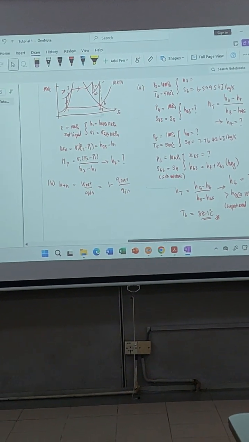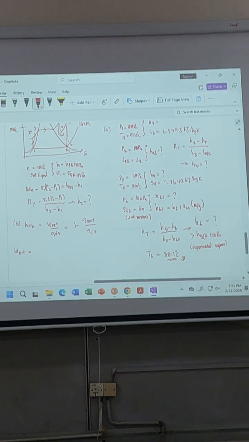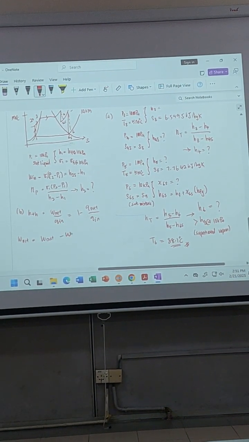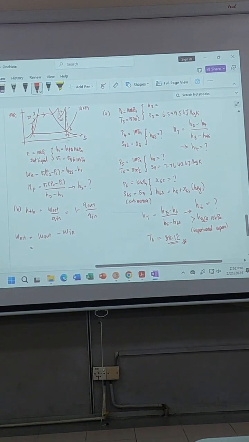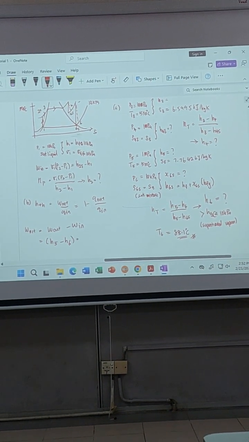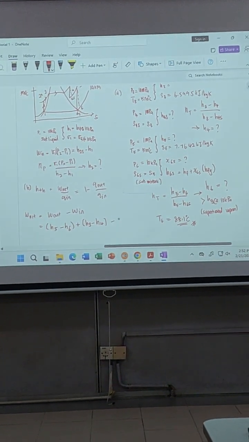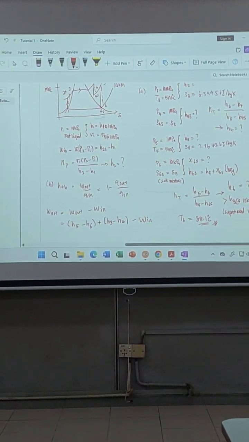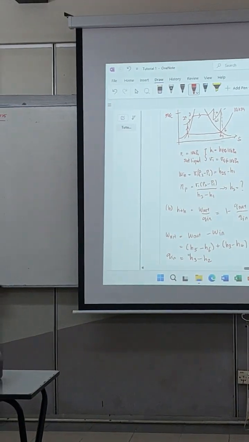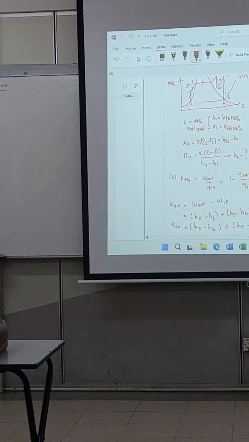So if you have to find work net, then it is just work out minus work in, which means you need to find H5 minus H6 plus H3 minus H4 minus what is calculated. Then Q in is H3 minus H2 plus H5 minus H4.